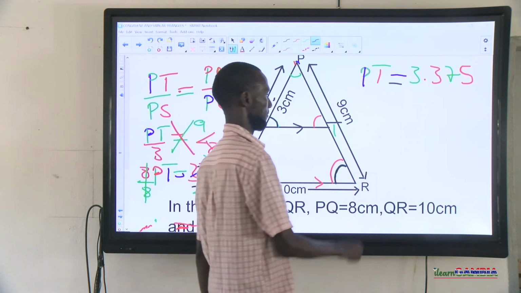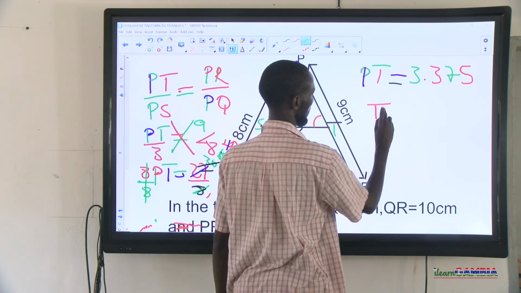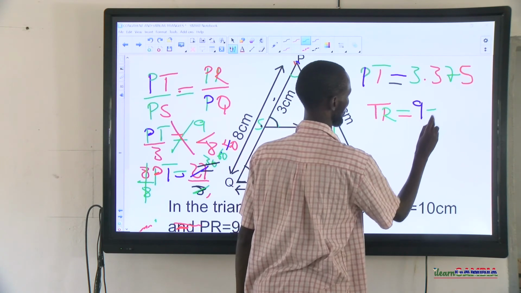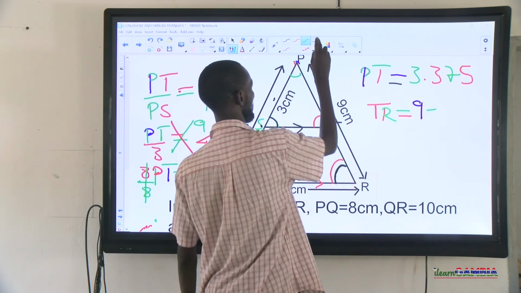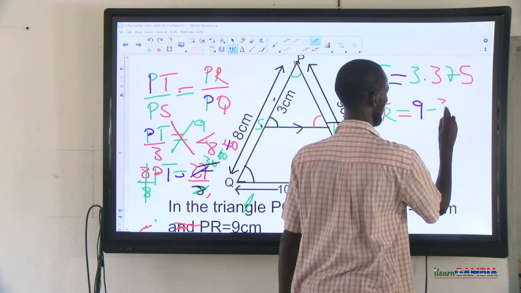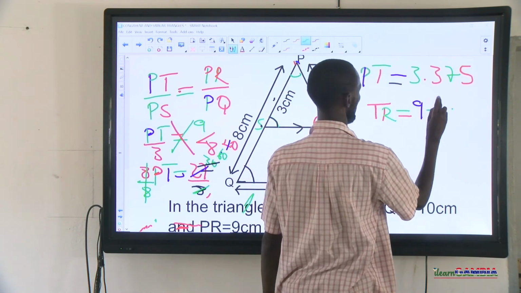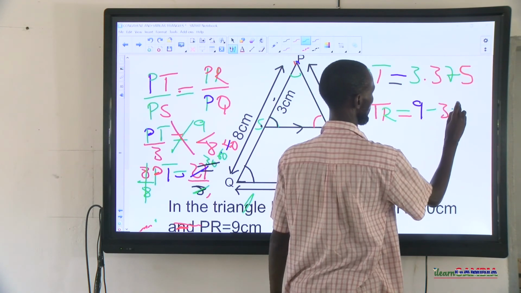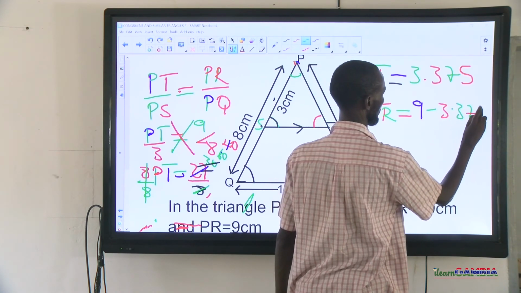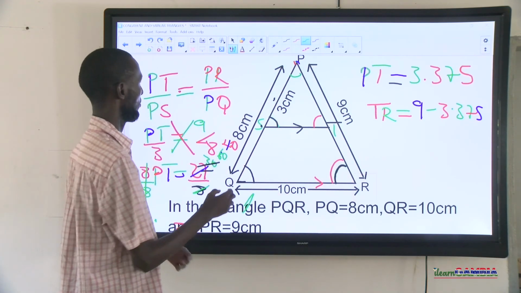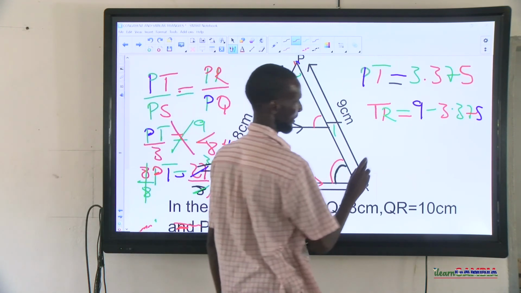If we do that now, you can say TR would be 9 minus 3.375. So by careful subtraction, we can do it here.